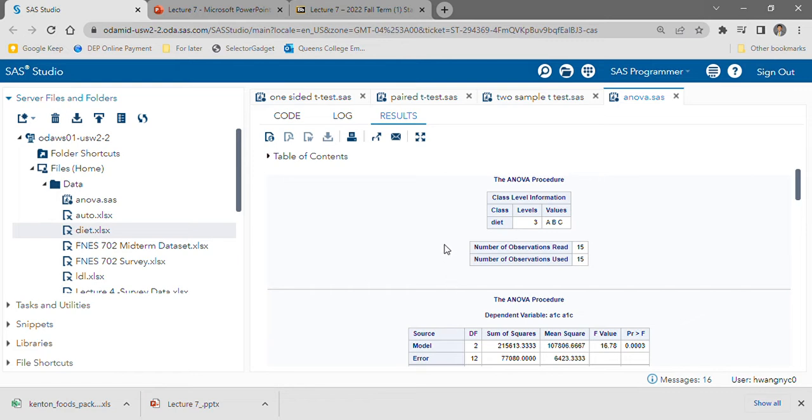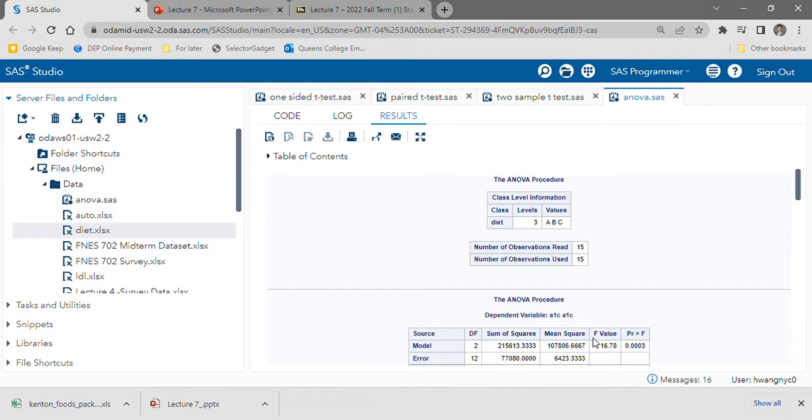So the main thing that we're going to be interested in here is our F value, which is 16.78, and then our P value, which is 0.0003, right? Which tells you now that our model is, I'm going to pause, let you answer, and the answer should be the model is statistically significant, that there are differences between diet A, diet B, and diet C, right?